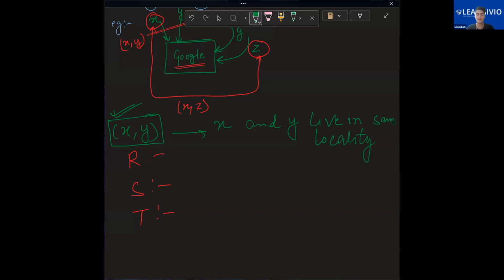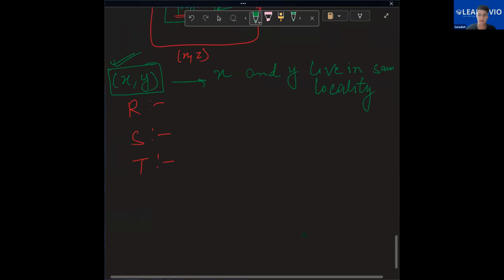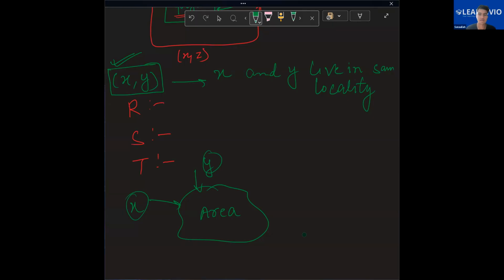So अगर x और y same locality में रहते हैं, then y and x are also living in the same locality. ऐसे मान लो, this is some area. x is living here, y is living here, then y and x are also living here. So this is reflexive: x and x is already living here, y and y is already living here. Now for the symmetric, if x and y are living, then y and x are also living. ये आपको समझ आ रहा है?